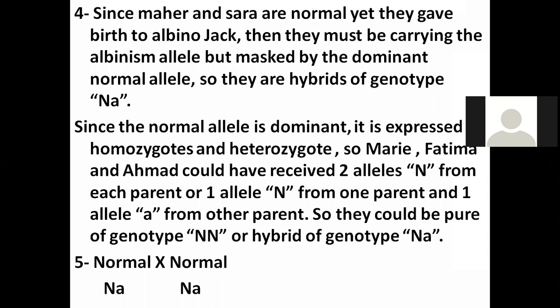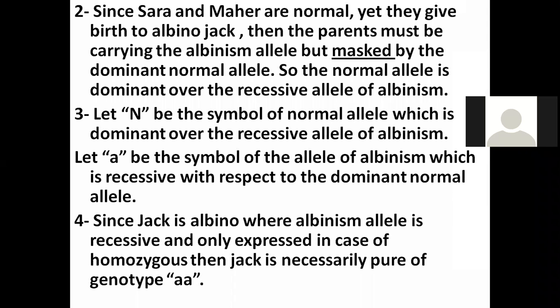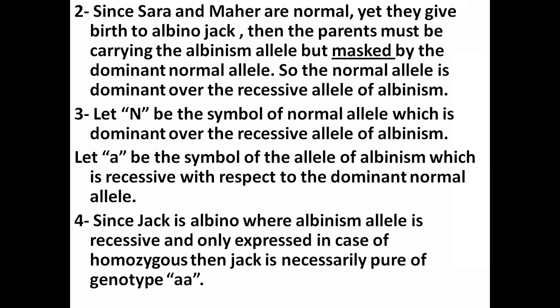Maher and Sarah, and pay attention before I continue here: what symbols did we give for the normal and for the affected? What are the symbols for the normal and the albinism allele?